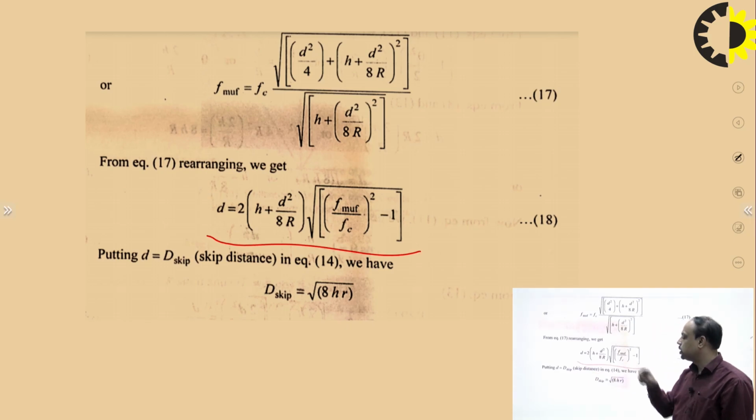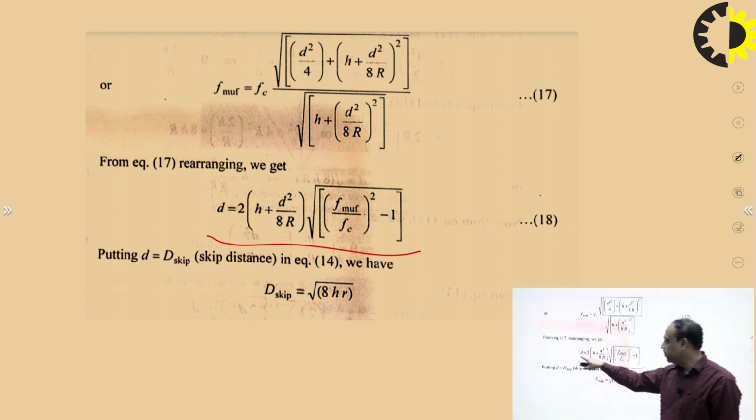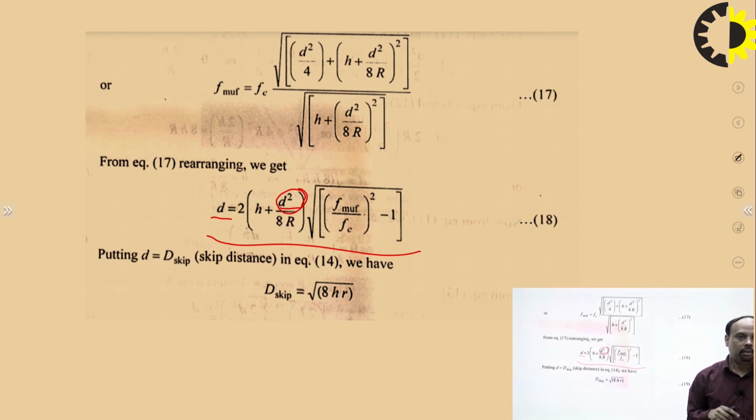Skip distance is equal to 2 times root of (h plus d square upon 8R). This skip distance is a function of the skip distance itself. That is, this is a quadratic equation in d, where we get two values. One is an imaginary or impractical value, while the other is the practical value.